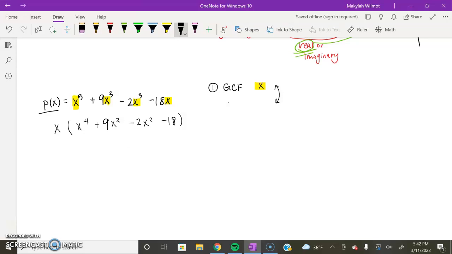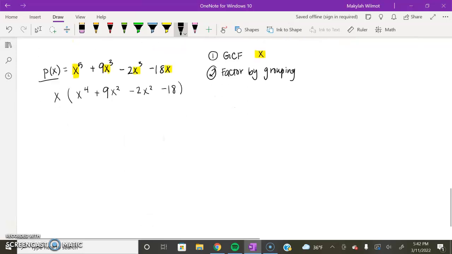So the next thing you're going to do, factor by grouping. So we're going to look at these two.